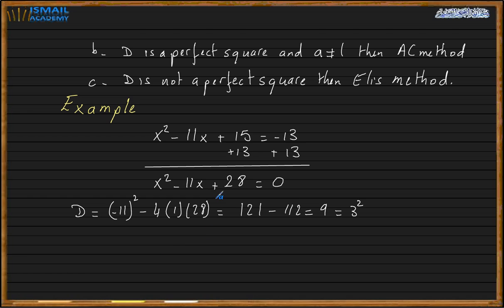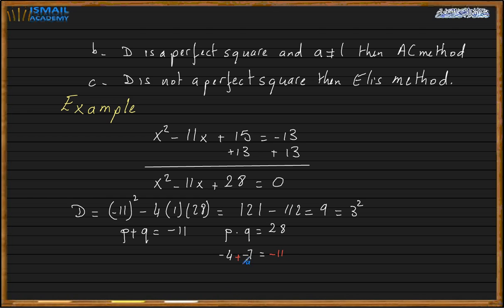So what I do, I'm going to look for two numbers p and q, so that we have p plus q equal minus 11 and p times q equal 28. If I use minus 4 and minus 7, it will give me 28, but when we add them, it will give me minus 11.